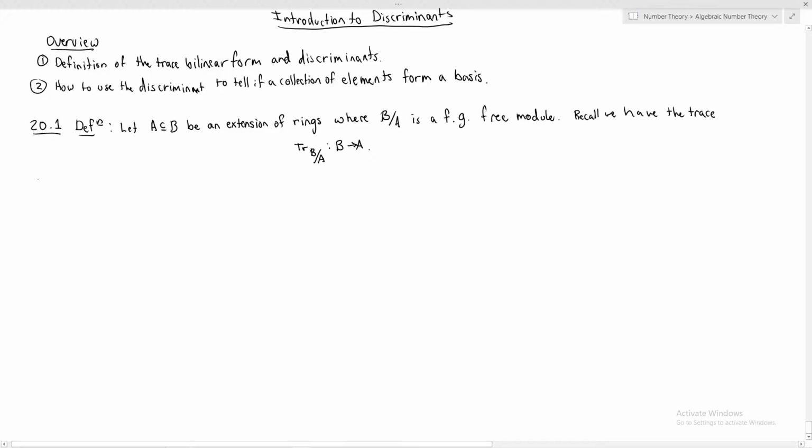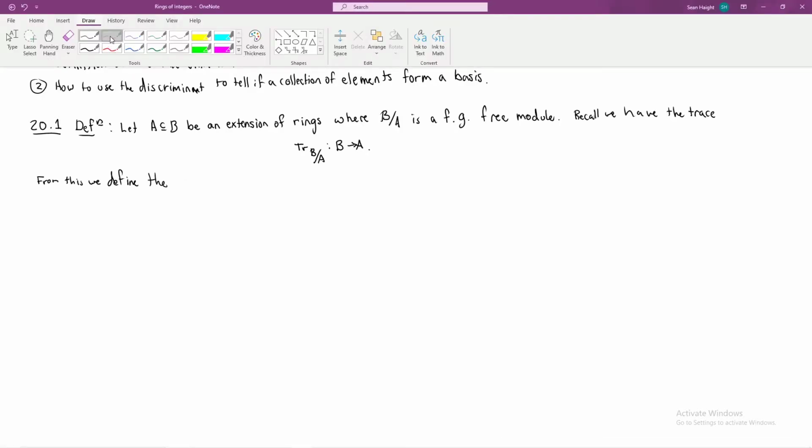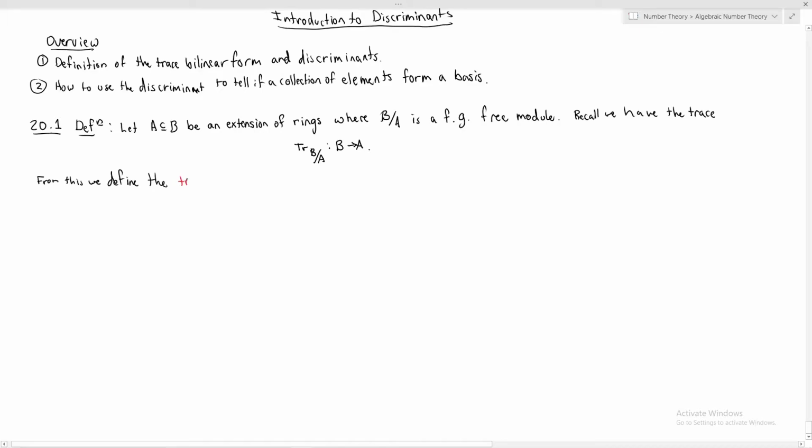Okay. From this we define the trace bilinear form. Okay.